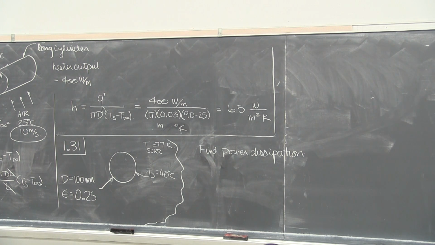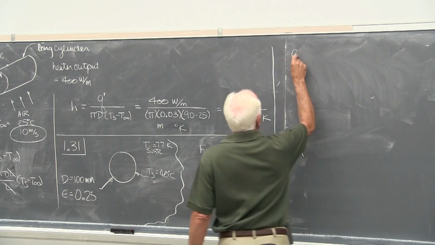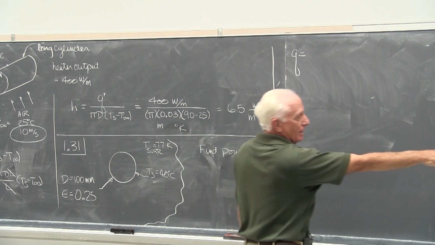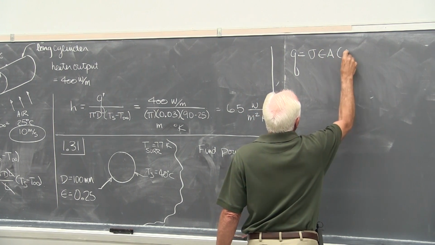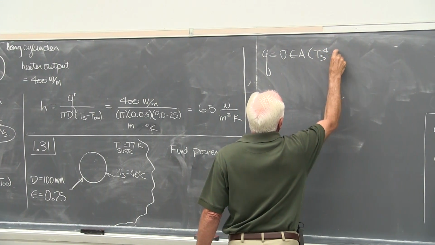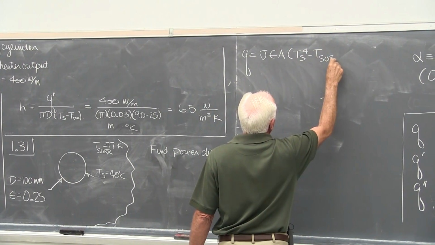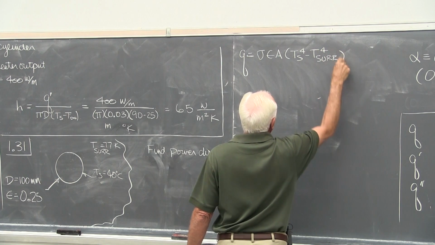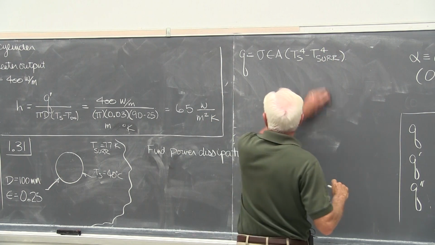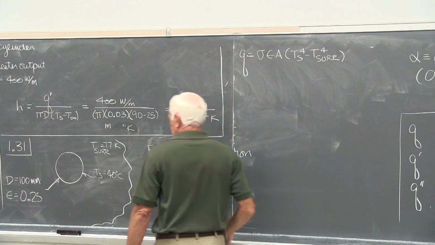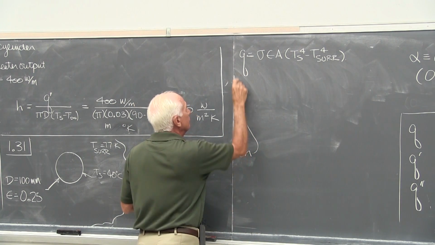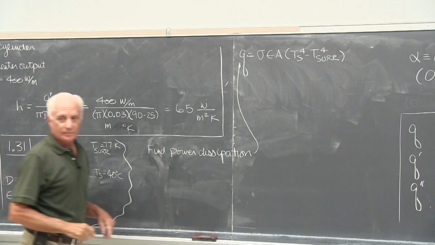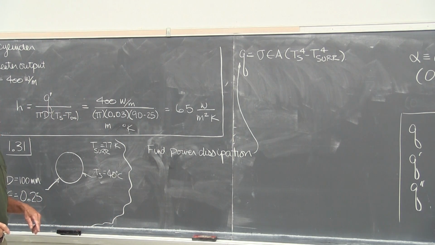There it is, Q equals sigma epsilon A times T_s to the fourth minus T_surroundings to the fourth. There's the power dissipation, which is Q. That's it. It's going to be in watts.